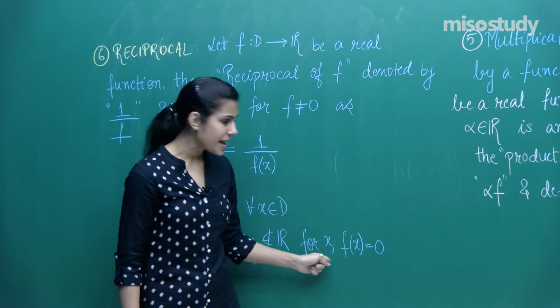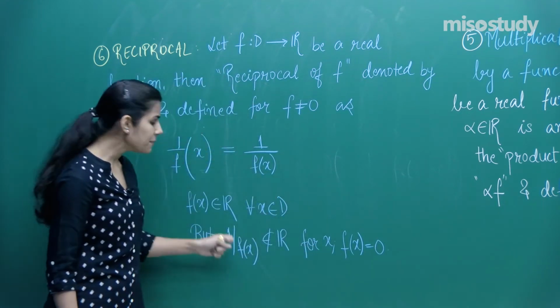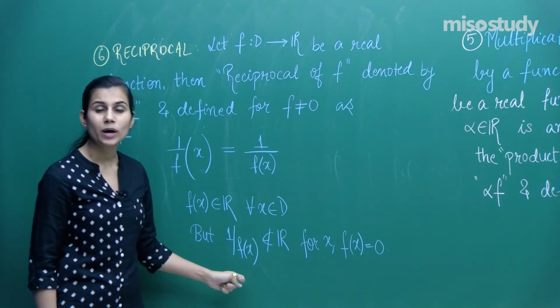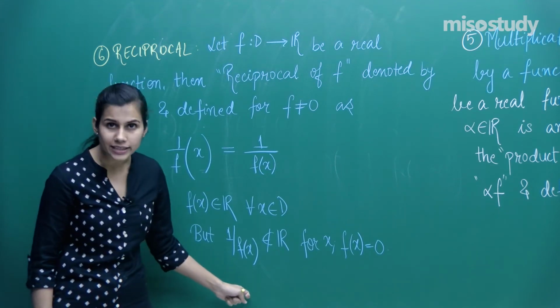Because if for some x fx is 0, then 1 by fx for that x becomes 1 by 0, which is not defined.